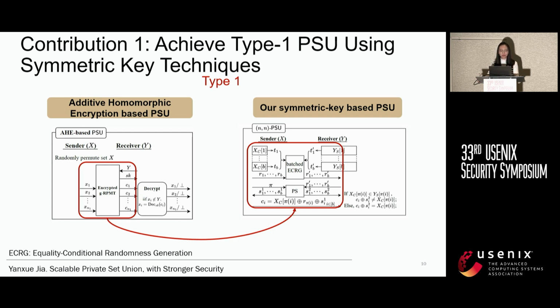ECRG means inequality conditional randomness generation, which means that if Ti and Ti prime are the same, then the ECRG will generate different randomness. However, if they are different, then we will generate the same randomness. We also use PS, which is permute and share. Then we use the batched ECRG and PS to achieve the encrypted GRPMT.